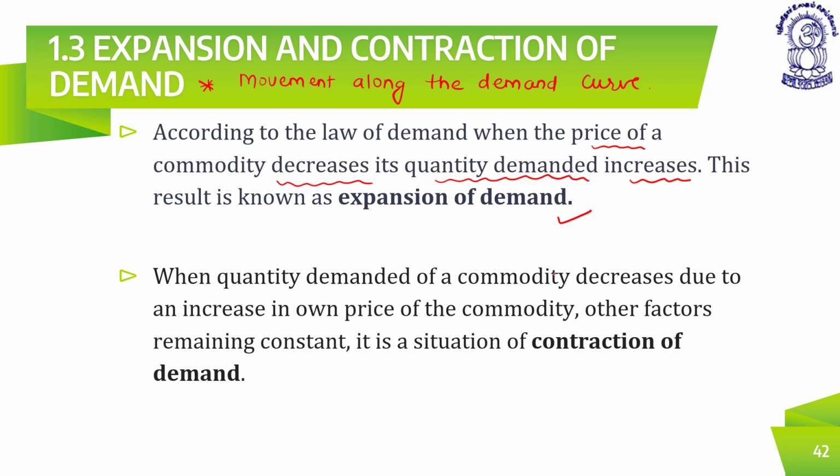And when the quantity demanded of the commodity decreases due to the increase in the price, this is known as contraction of demand. So this is price and this is quantity demanded. Due to the decrease in the price, the quantity demanded increases. This is the expansion of demand, and this case is contraction of demand. Is it clear to all of you?